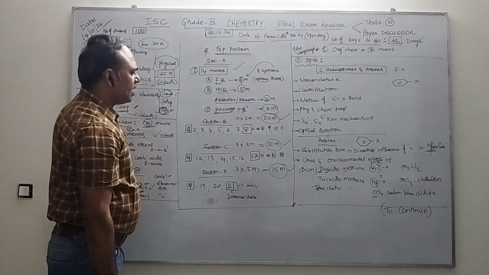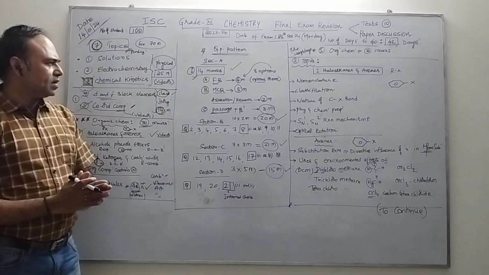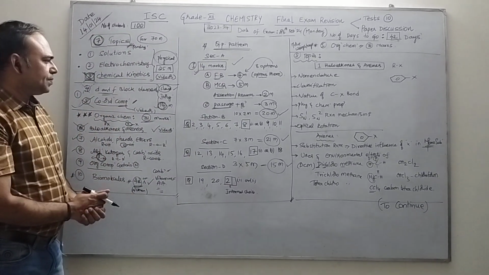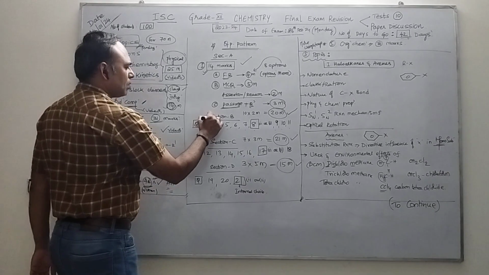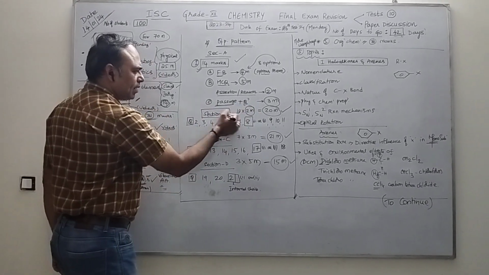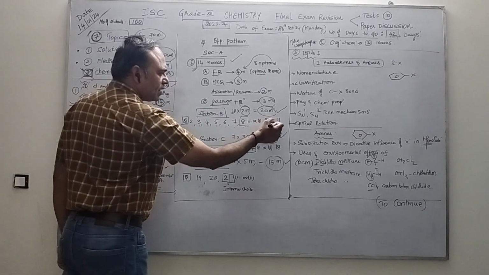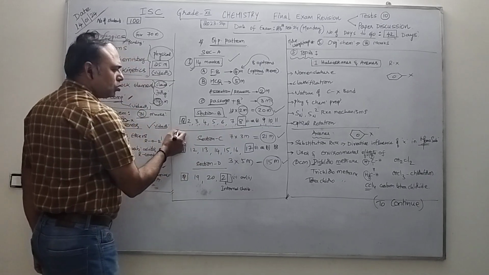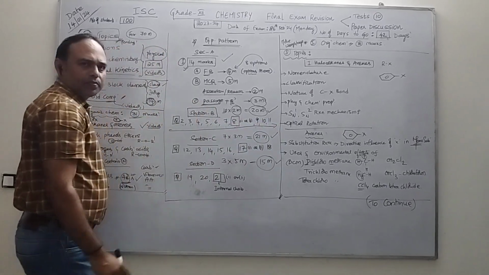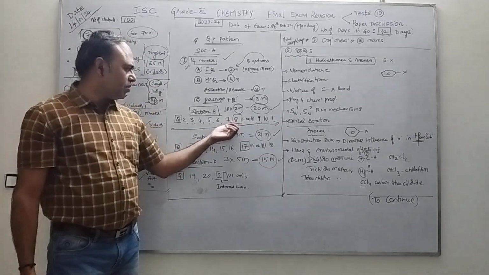So 14 marks can be scored here. Next, section B has 2-mark questions. How many? 10, that is questions 2 to 11. But in that, the 7th or 8th, somewhere they will give internal choice.